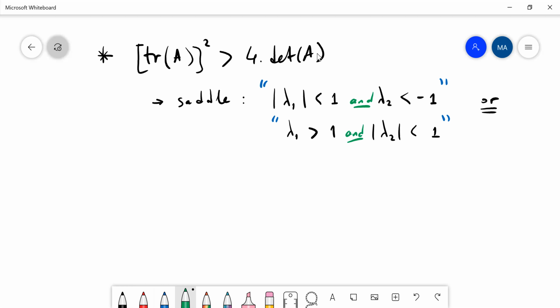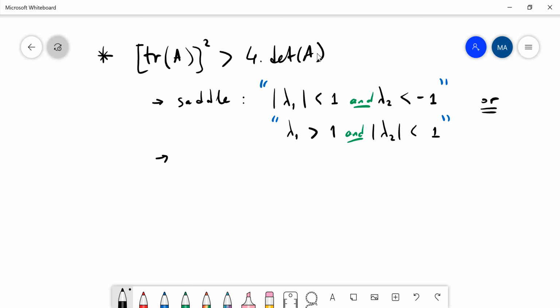So in a saddle, as you know, from one manifold it will be stable, from the other manifold it will be unstable, okay? So this is the stable manifold, and this is the unstable manifold. Here, lambda 1 could be greater than 1, and in this case you will have this, okay?